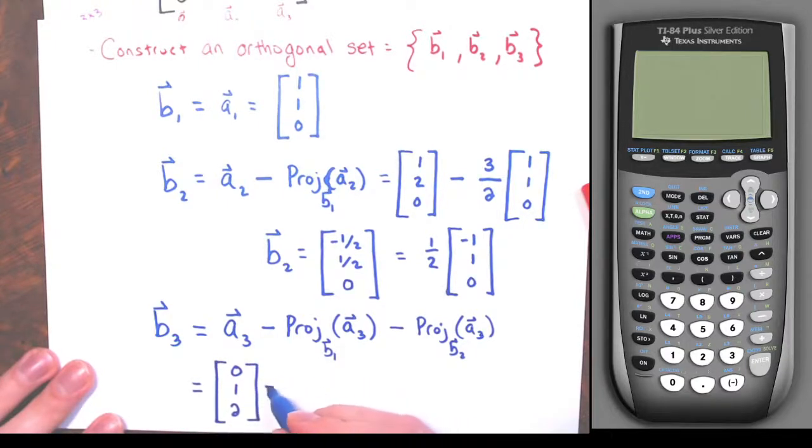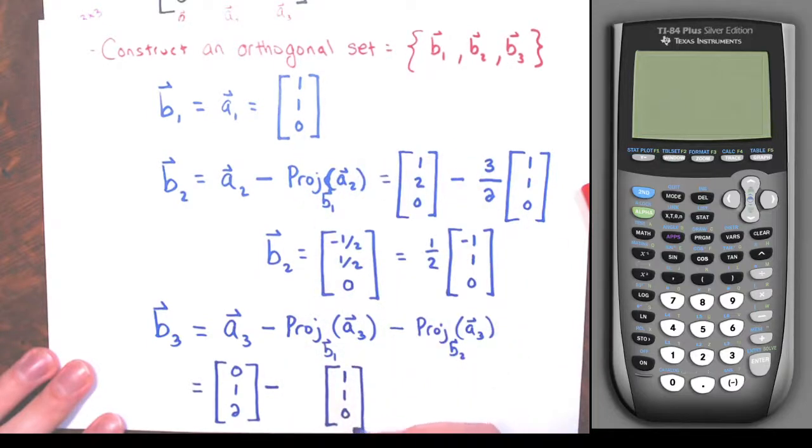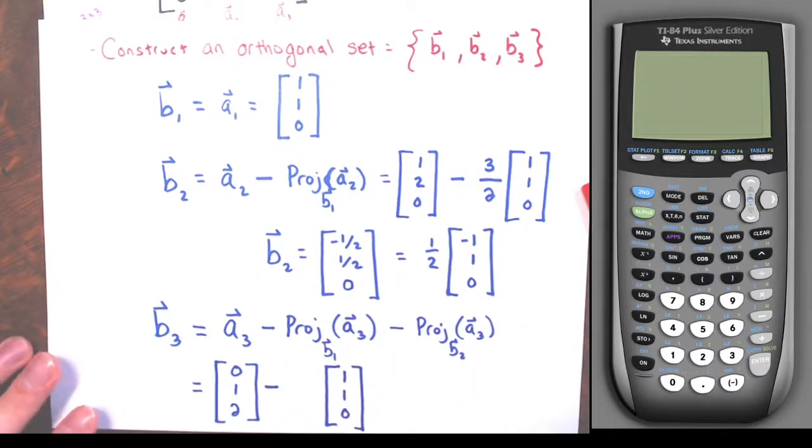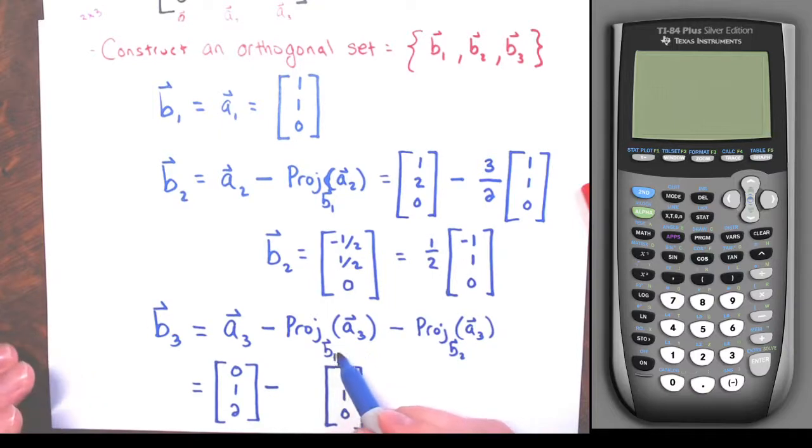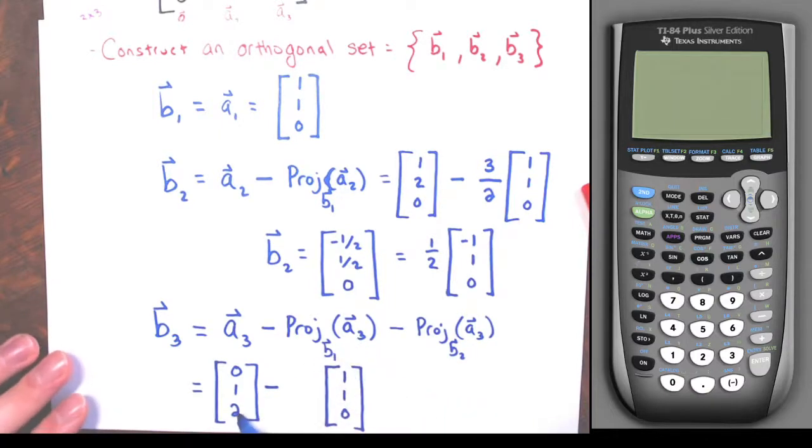So here's 0, 1, 2 minus, and then we're doing a projection onto B1. So it's going to be just some scalar multiple of B1. B1 was 1, 1, 0. And what is that scalar? The numerator is B1 dot A3. So 0, 1, 2 dot product with 1, 1, 0.